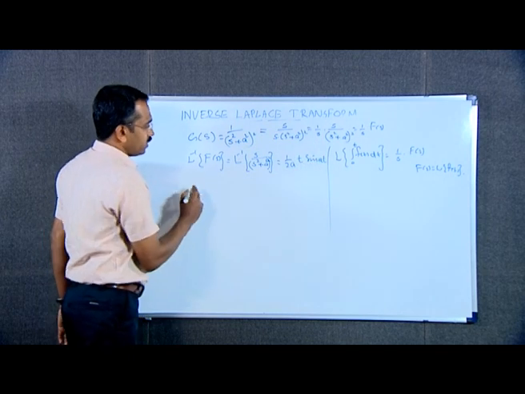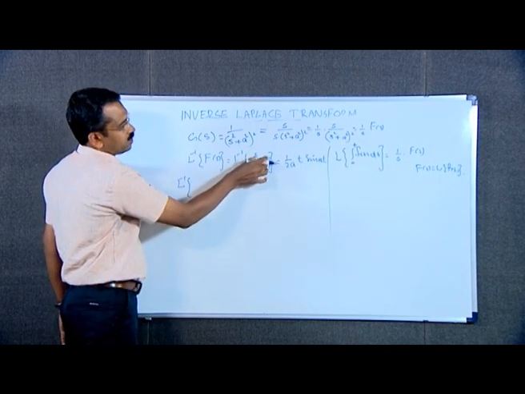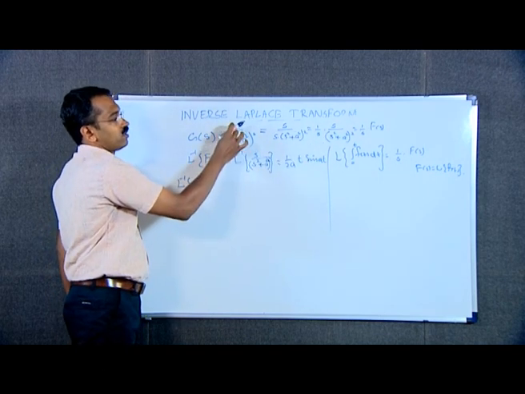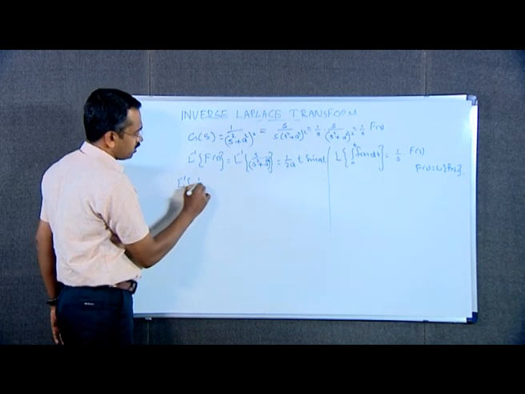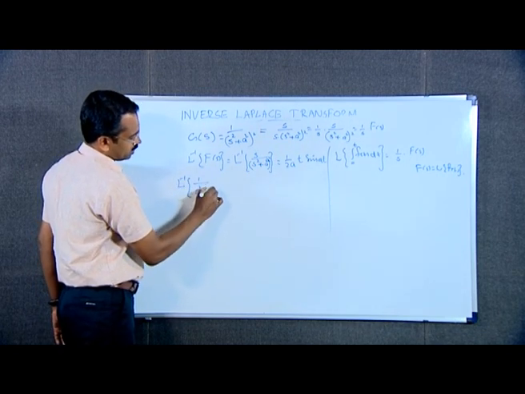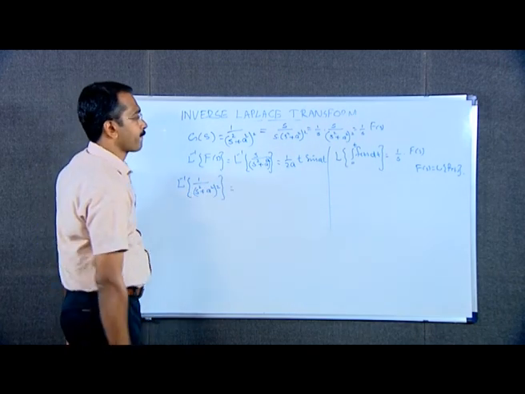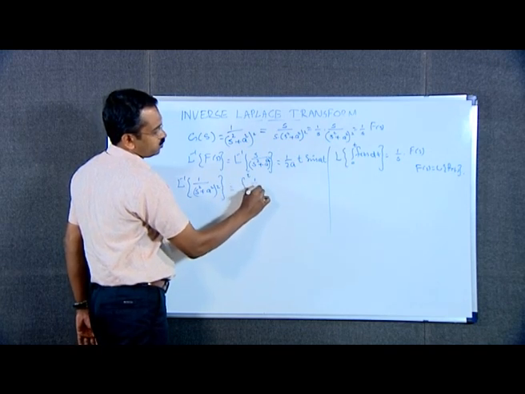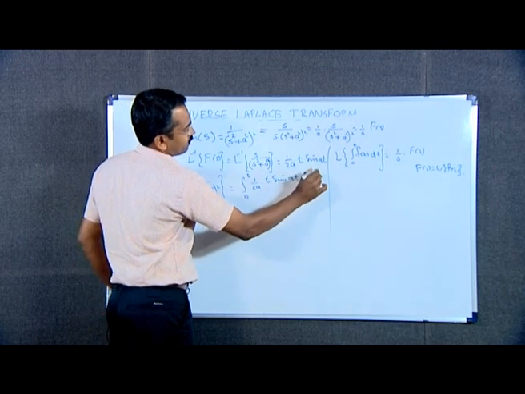By this property, we can write L inverse of this function multiplied by 1 by s, which is 1 by s square plus a square the whole square. That is L inverse of 1 by s square plus a square the whole square is equal to integral from 0 to t 1 by 2a t sin a t dt.